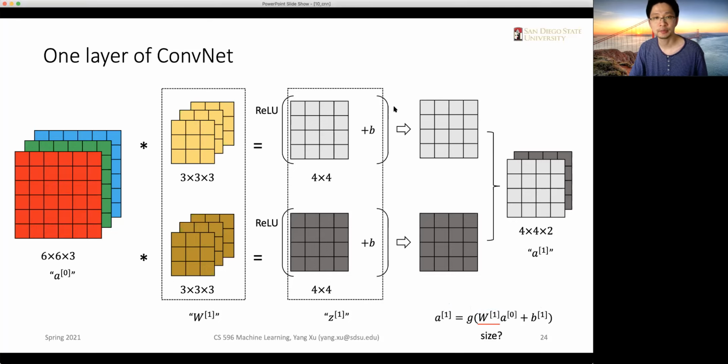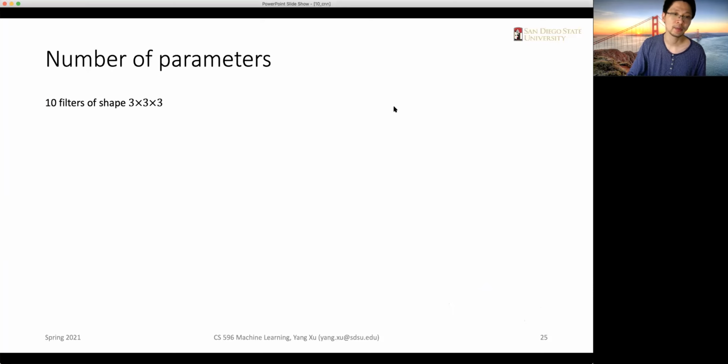So let's simply look at how many parameters are actually used in a convolutional layer. Let's assume that there are 10 filters used, and each filter is 3 by 3 by 3. In terms of the total number of parameters, we should do such a calculation.